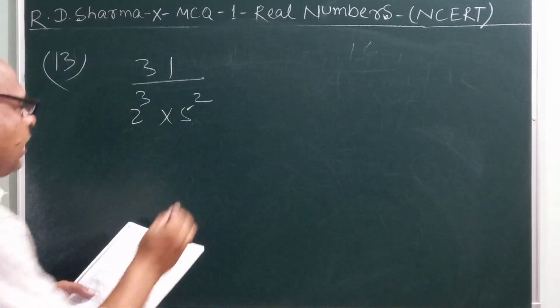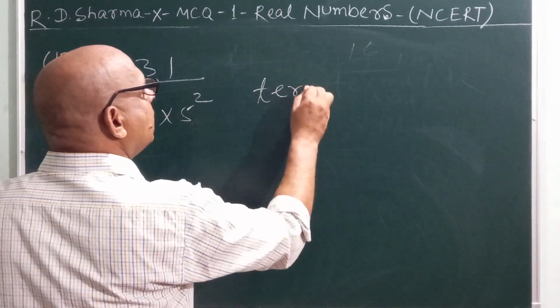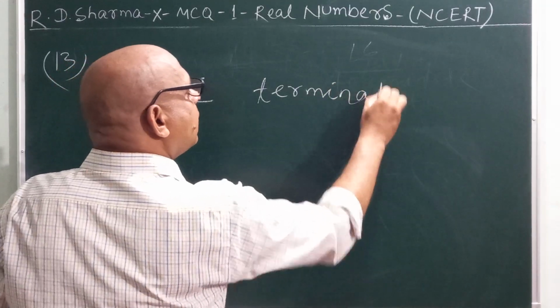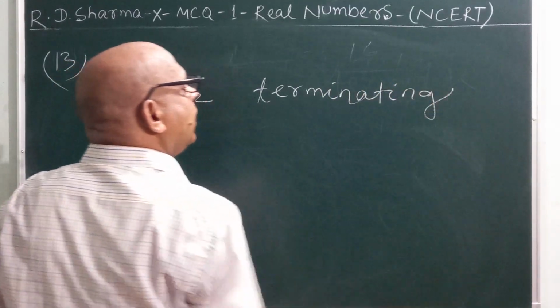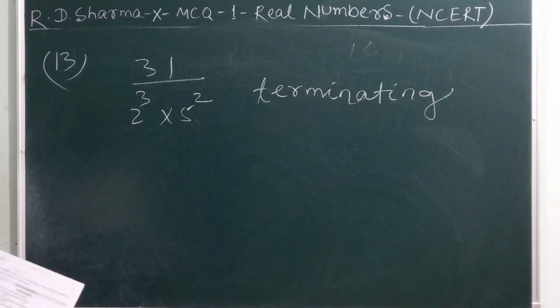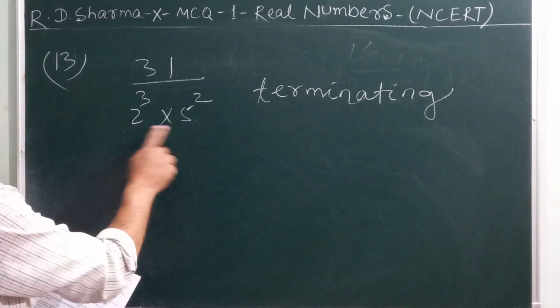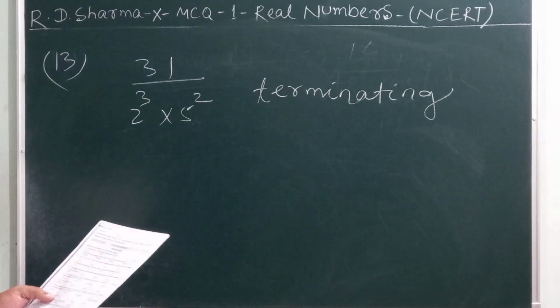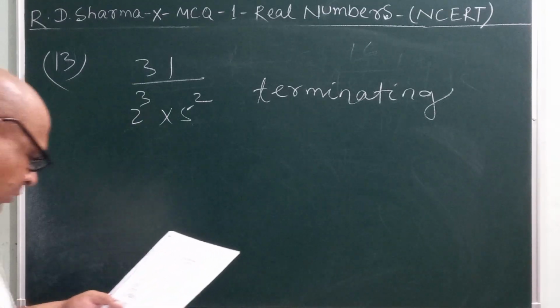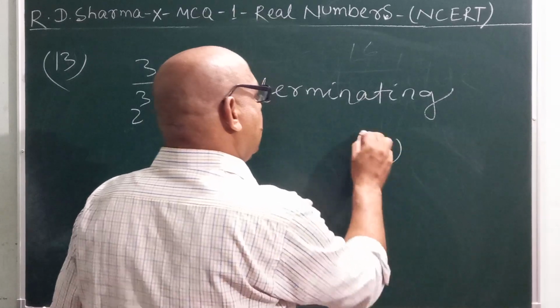Because the denominator has only the factors 2 and 5, it is terminating. Answer A, terminating decimal.